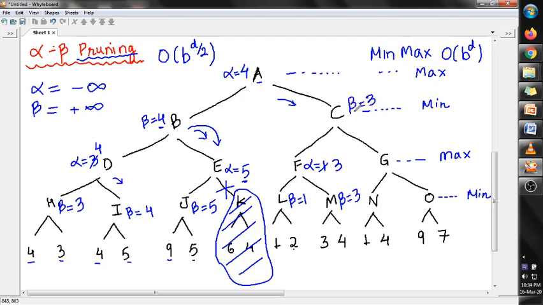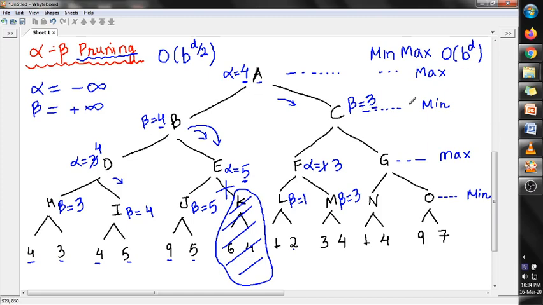Okay, when you write beta equals 3, the upper level, this node A, is present in the maximum level, and A already got its maximum value, which is 4. So A is not going to consider this path. Why? Because here the value is 3.